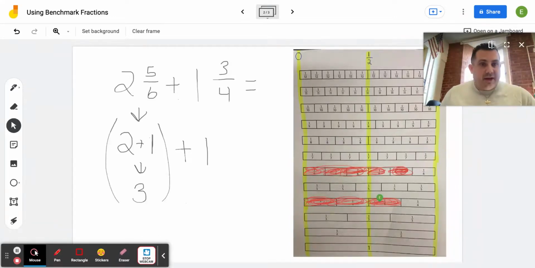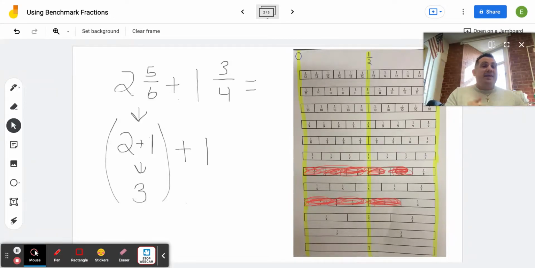Now, 3/4. Is that closer to a half, or is that closer to a whole? When you're looking at that, you may say to yourself, wow, that really looks like it's right smack in the middle of a half and a whole. If you said or saw that, you are right. 3/4 actually is exactly the same distance away from a half as it is from a whole.